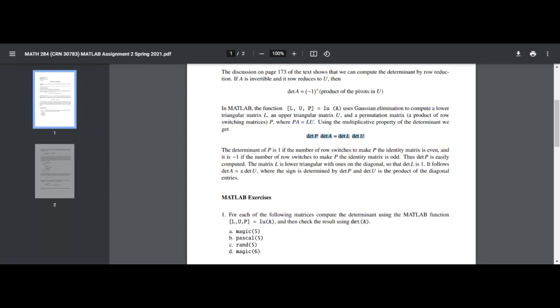So now you know where this comes from. Determinant of P times determinant of A equals determinant of L times determinant of U. And so it follows that the determinant of A really can be represented as just plus or minus times the determinant of U. Absolutely beautiful, an absolutely beautiful result.